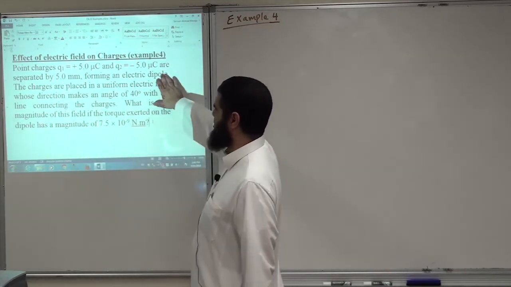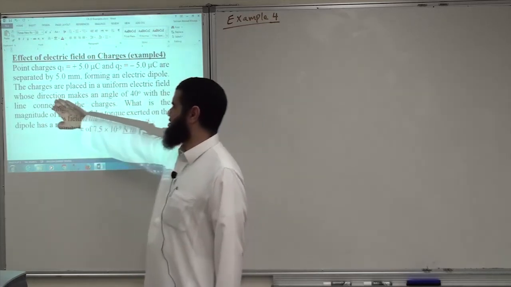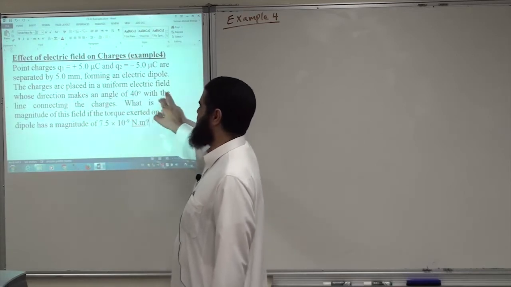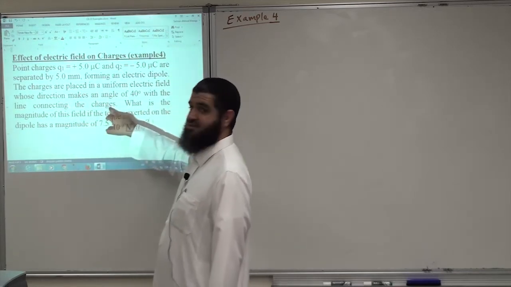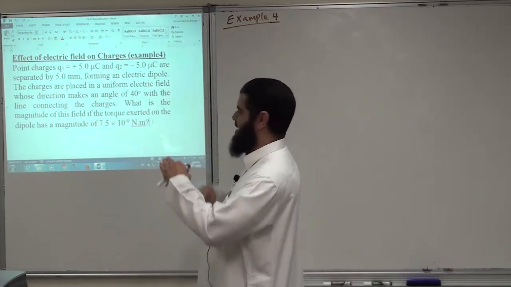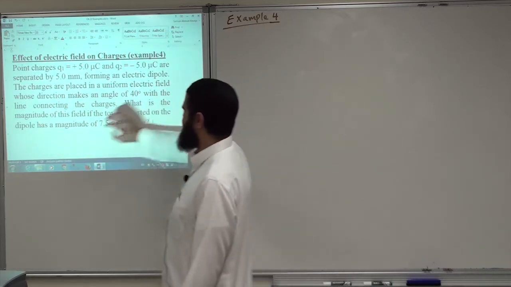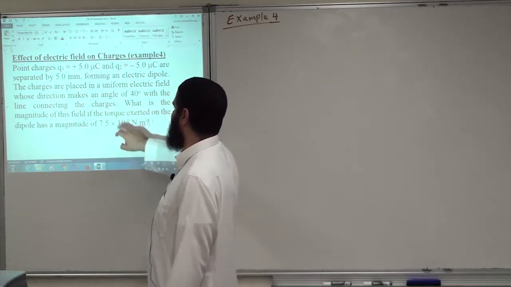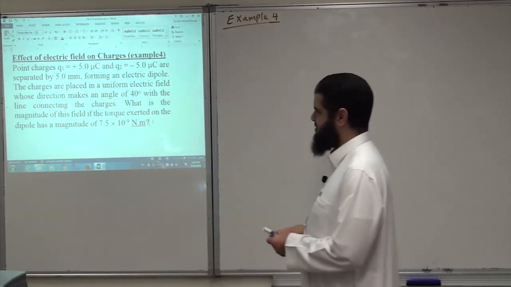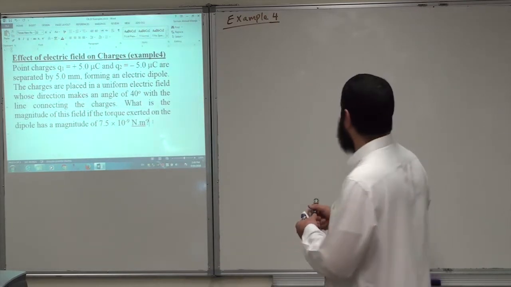Forming an electric dipole, the charges are placed in a uniform electric field whose direction makes an angle of 40 degrees with the line connecting the charges, which is the dipole. So the angle between the dipole moment and the electric field is given to be 40 degrees. What is the magnitude of this field if the torque at that instant exerted on the dipole has a magnitude of 7.5 times 10 to the minus 9 Newton meter?